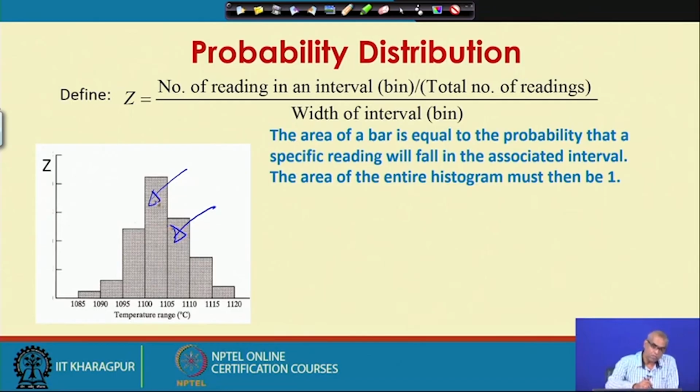So, the area of this bar is the numerical value of the probability that a specific reading will fall in this interval. So, it naturally follows that the area of the entire histogram must be 1, because a reading will have probability 1 to fall anywhere within the histogram.